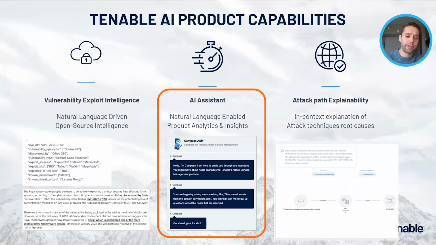I'm going to start with the first 2: the vulnerability exploit intelligence and the attack path explainability. The idea of these 2 customer-facing features is to help customers understand the nature of the risk that they are facing. Because we have so many different types of risks today: it could be a software bug, a misconfiguration, a patch that hasn't been applied, or a password that's been breached.